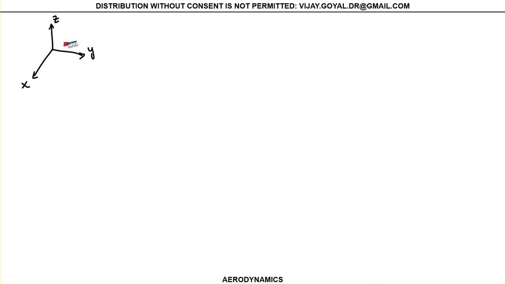Let's suppose we have a particle there and we want to know the speed, the pressure, the temperature, etcetera, at that particular point. Given that, we have two main cases that we're going to study here. One is steady flow. The other one is unsteady flow.